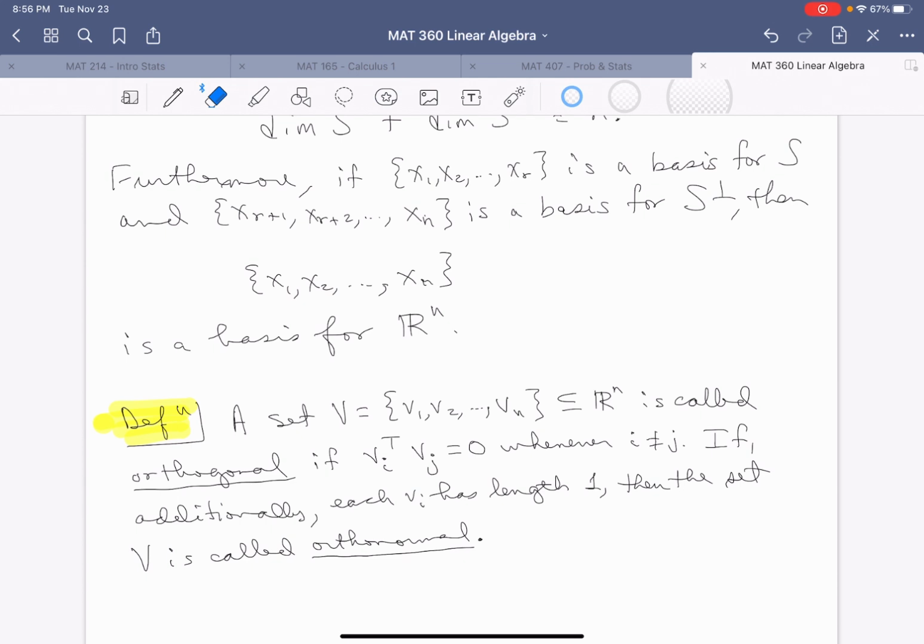So if i is different from j, that ensures we're dealing with two different vectors, because the dot product of a vector with itself always gives its length squared.